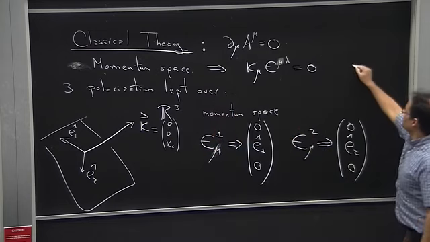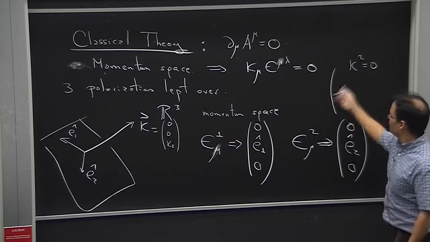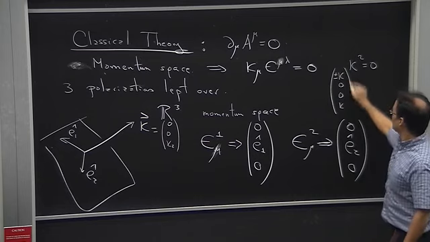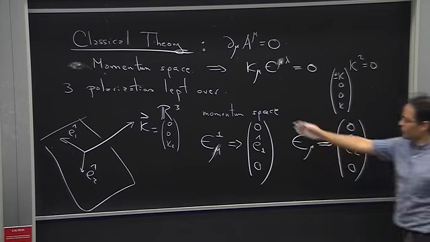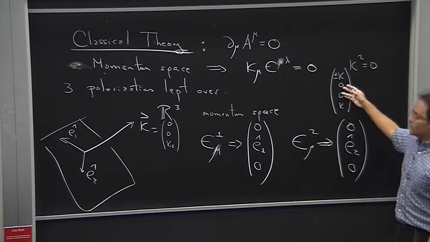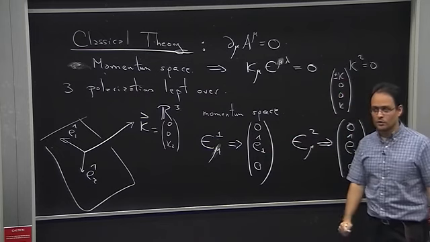And with this choice, and remember that k squared is equal to 0, we know that k is now a vector that has the form plus minus k, 0, 0, k. Okay? Now, if you dot this with this, you get 0. If you dot this with this, you get 0. So this two-dimensional space is still a full dimensional space.